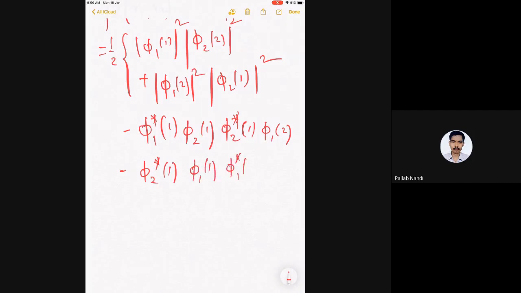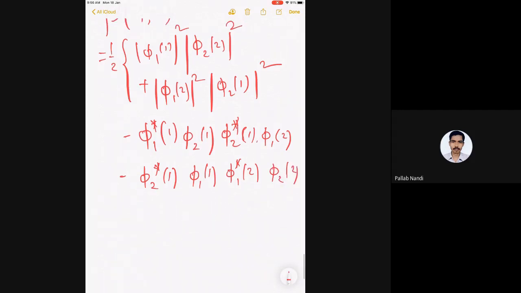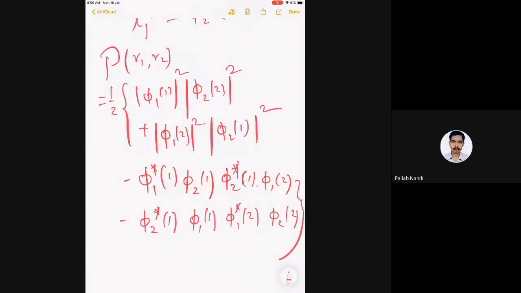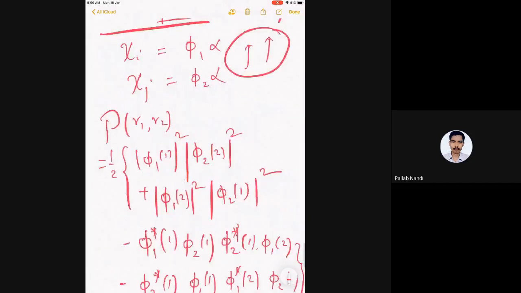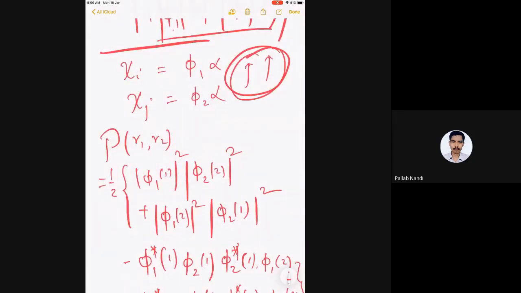Provided these spin orbitals are real, these two terms are exactly the same. So this together is my probability for a situation where the electrons are both alpha spin and in some orbitals phi 1 and phi 2. Of course, we know that if both electrons are alpha spin, the spin orbitals should be different. Phi 1 and phi 2 must be different.